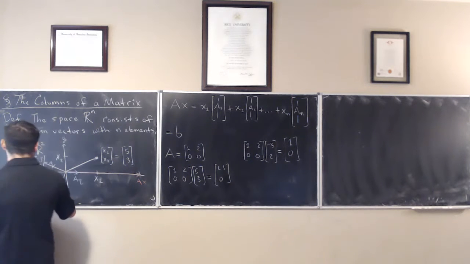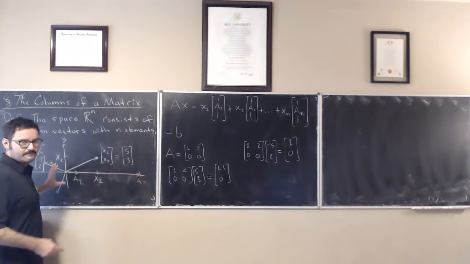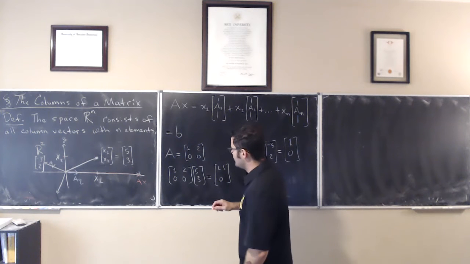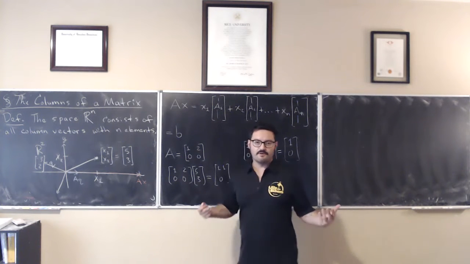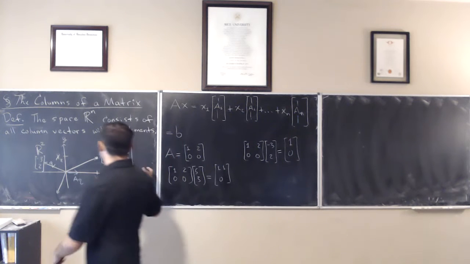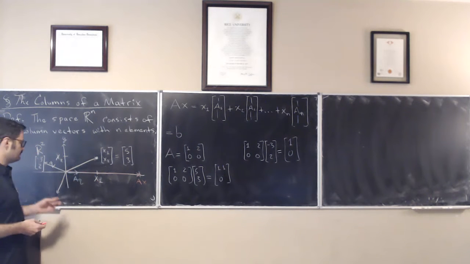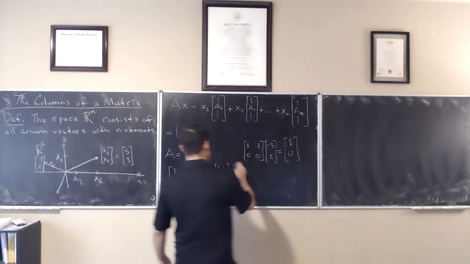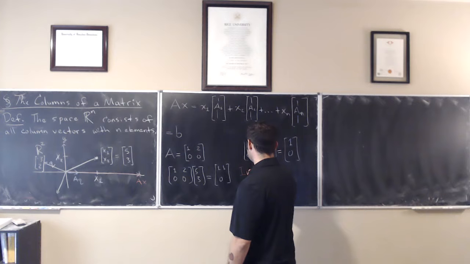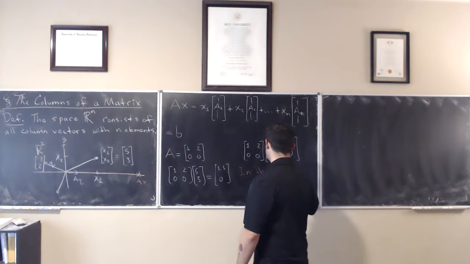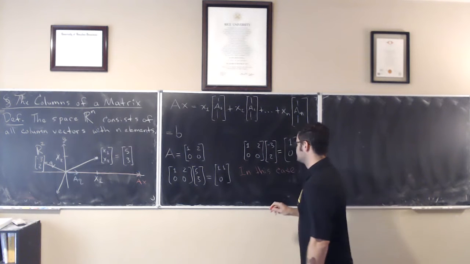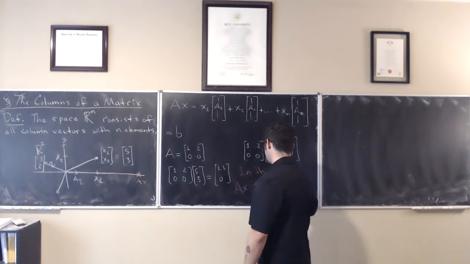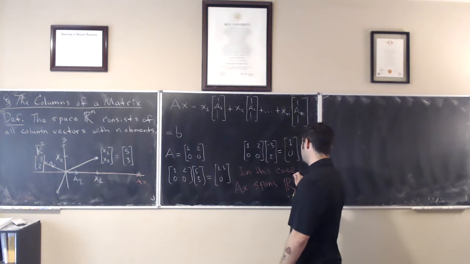So no matter what we pick, right? It seems to be in this case that the space of all vectors that A will move to, they will all lie on the x-axis. So in this case, we're going to say that AX spans R1.